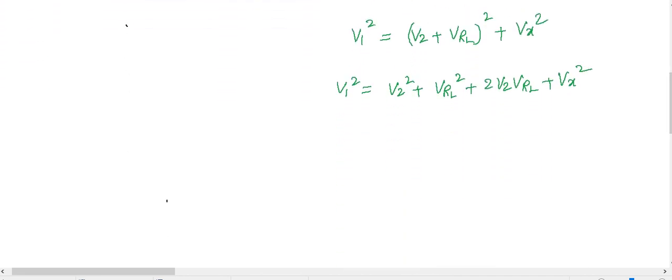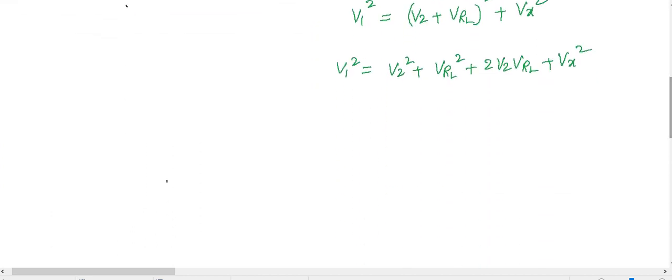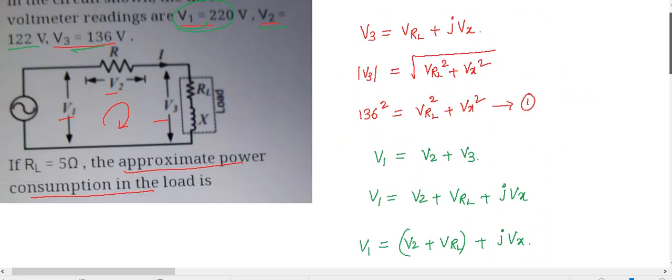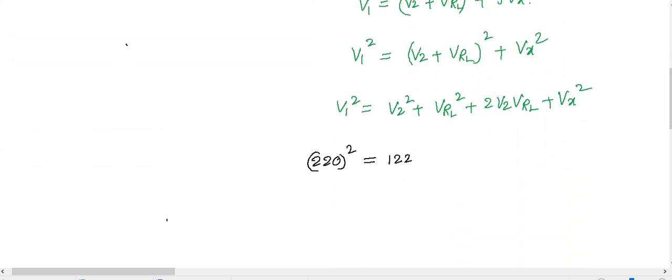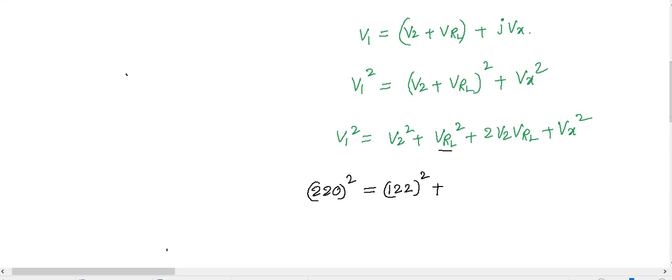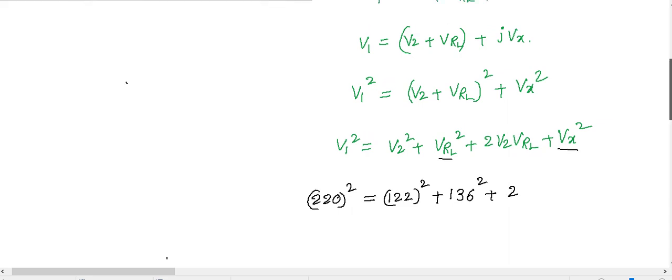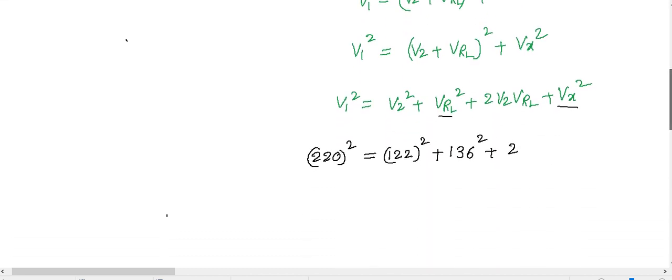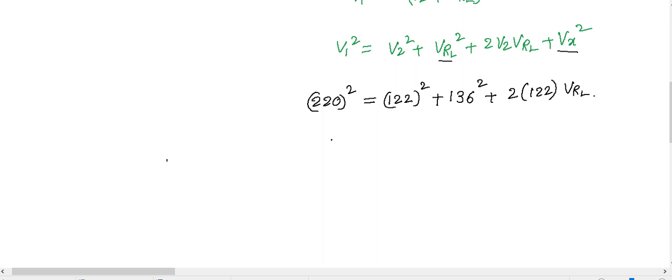V1 is 220, so 220 square equals 122 square plus, from equation 1, VRL square plus Vx square, which is 136 square, plus 2 into 122 into VRL. Here VRL is the only unknown.